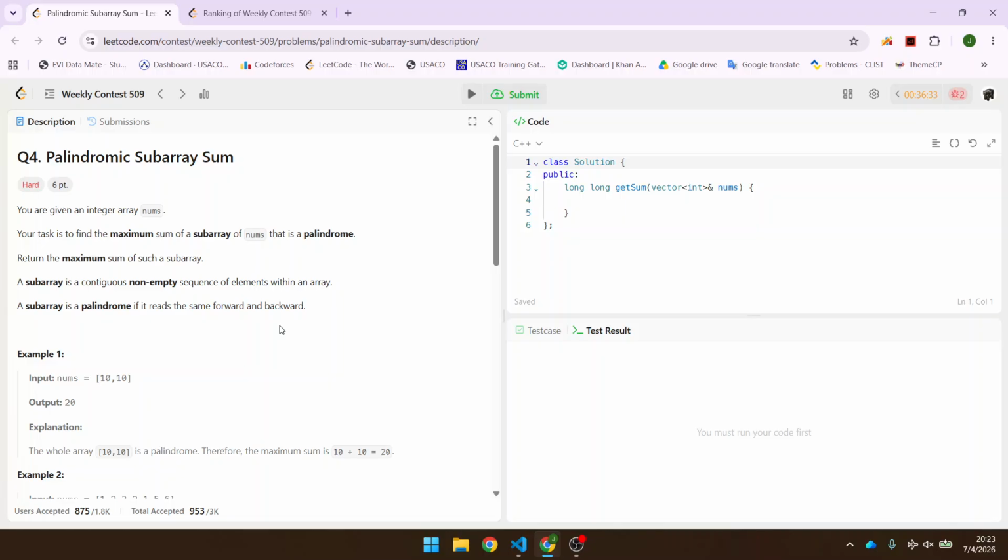Take middle. One and the middle one. Okay, so if, what do we do here?